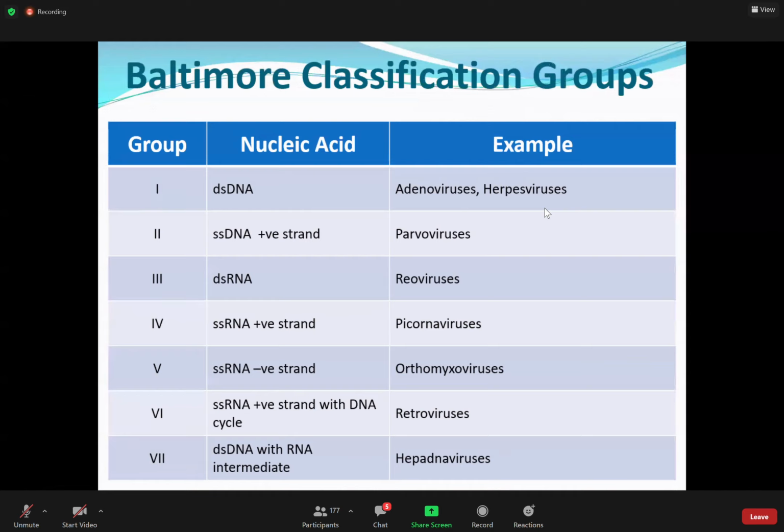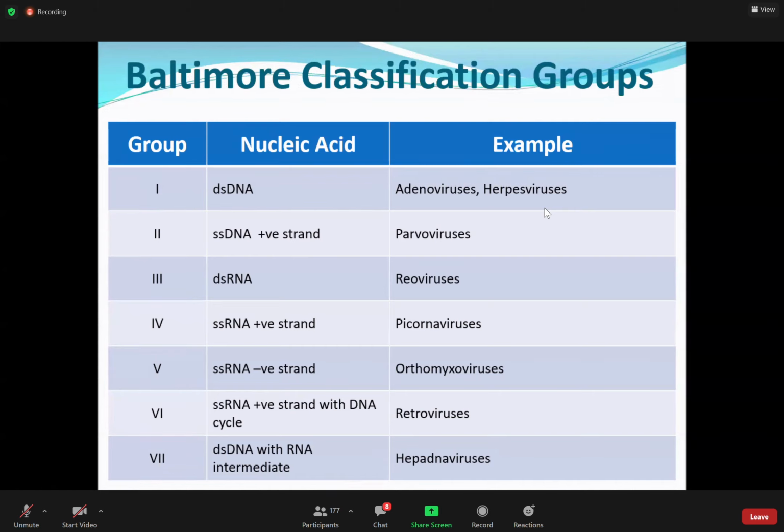So now, don't worry about learning whether this virus belongs to group 1 in the Baltimore classification and this virus belongs to group 2 and whatever. This is just to show you what the Baltimore classification looks like.